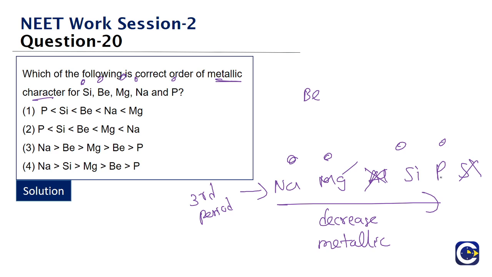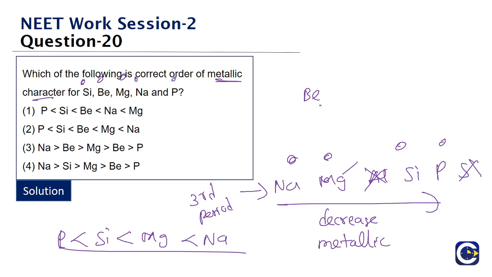We have phosphorus. So phosphorus will be lesser metallic than silicon, which will be lesser metallic than magnesium, which will be lesser metallic than sodium.